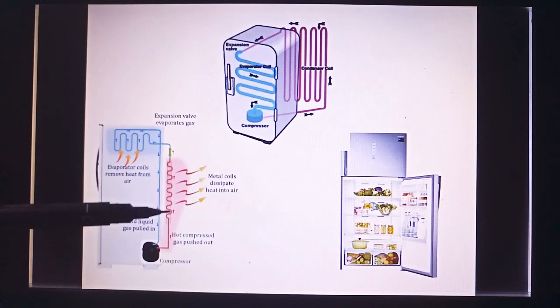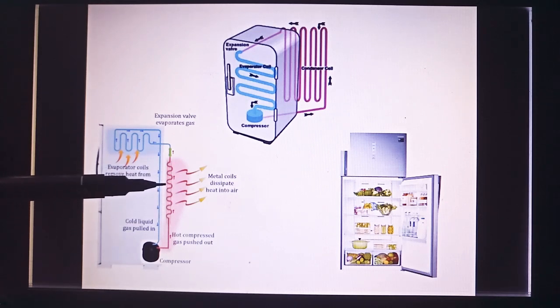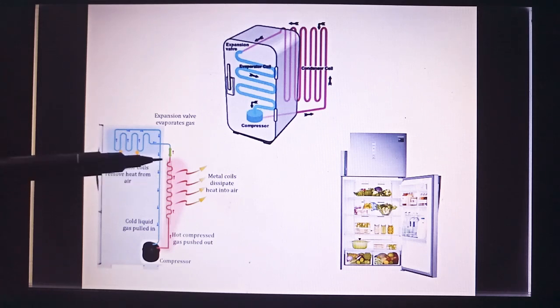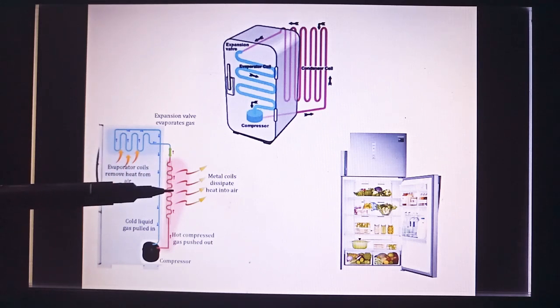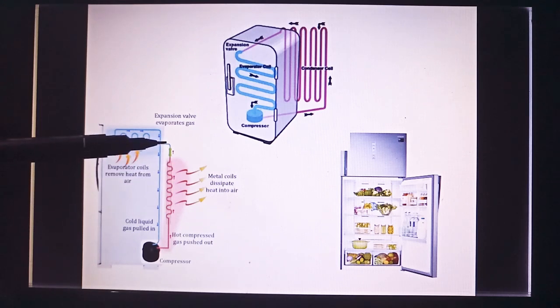That is why at the back of your refrigerator, you feel the hotness from the condenser. That heat is being released from your refrigerant gas into the air. The metal coils dissipate heat into air, and our refrigerant turns from gas into liquid, and then it will go back again to the evaporator coils.